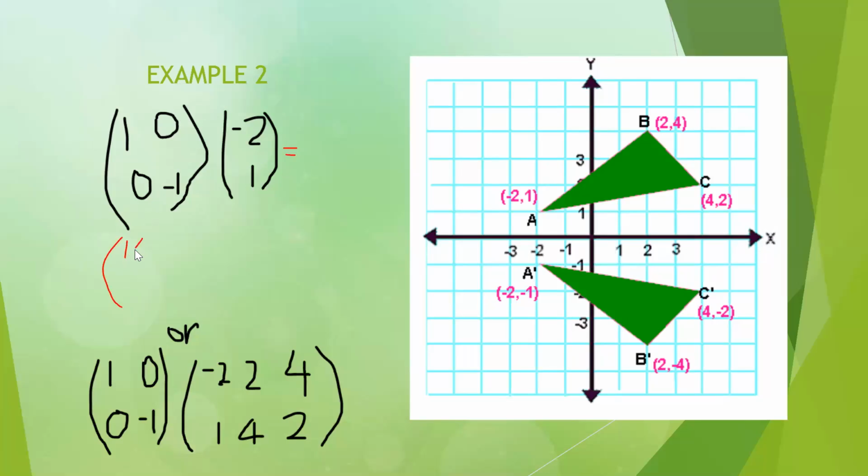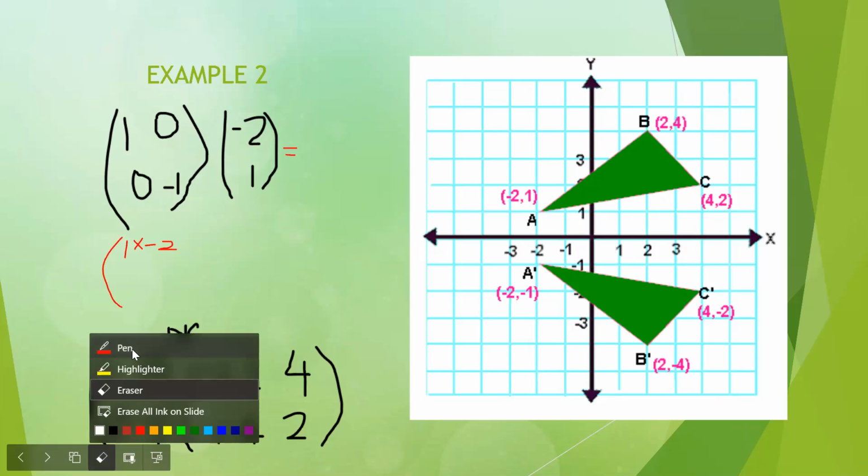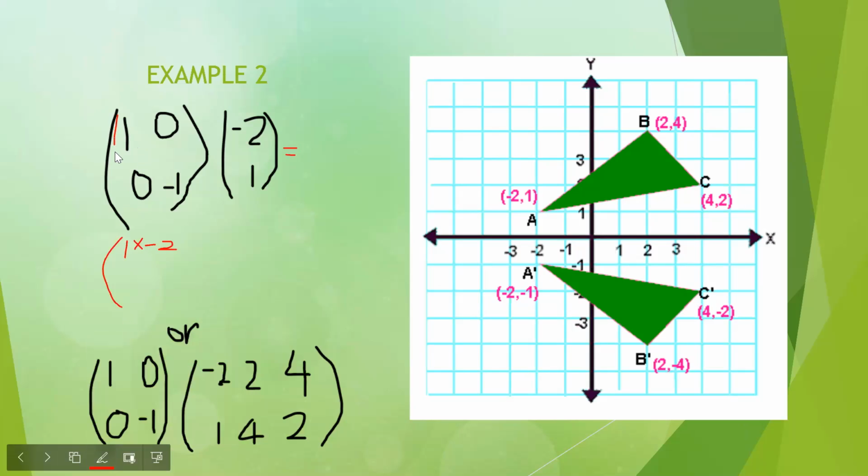So 1 times -2. Okay, so row by column. 1 times -2 plus 0 times 1.